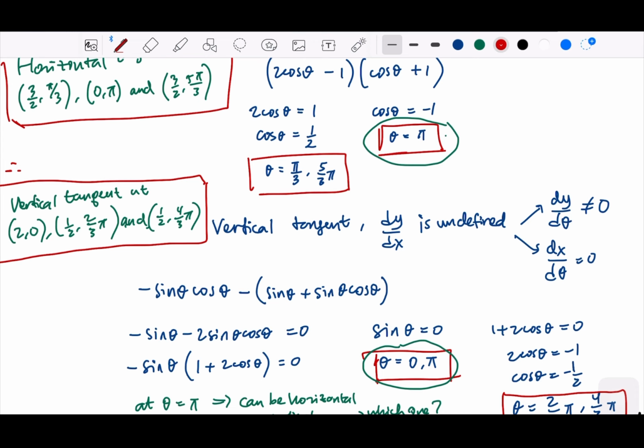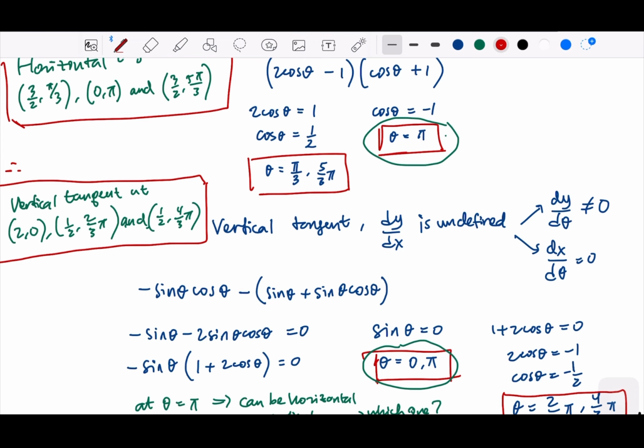And we take the approach and make dx/dθ equal zero, and after some identifications, we get theta 0 and π. And if we look at what we have here, they are the same theta, π.